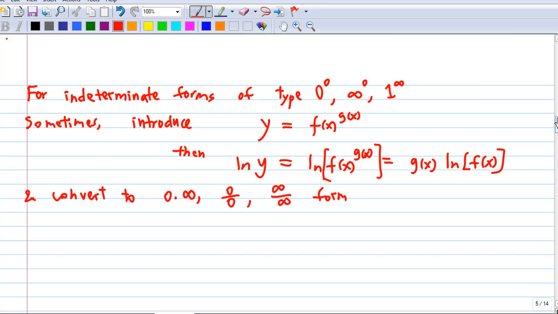Take ln y, which will be equal to ln of f(x) power g(x). Using the property of the ln function, I can bring down the g(x). It becomes g(x) times ln f(x). And then we can convert this into a 0 times infinity indeterminate form, or 0 over 0, or infinity over infinity. And then you can apply L'Hopital's rule to evaluate the limit.